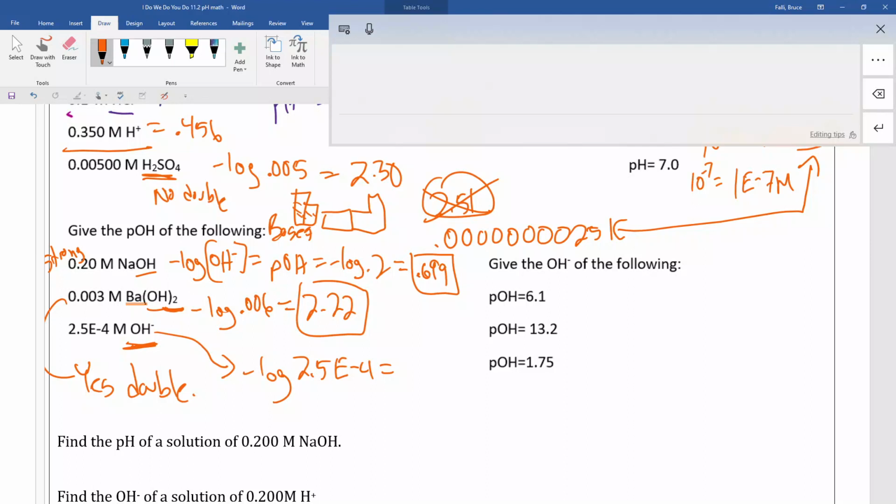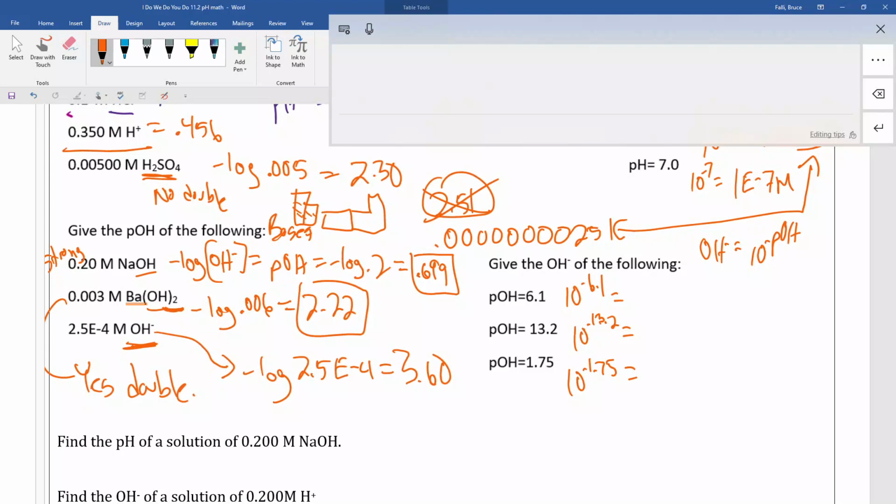I wish you would have put those in your calculators as I did it for all the other ones, because I think the most missed question on the test was people didn't know how to do the scientific notation. 3.60. Okay. And then remember over here, OH negative equals 10 to the negative pOH. So this is just 10 to the negative 6.1, 10 to the negative 13.2, 10 to the negative 1.75. And I get my calculator busy.